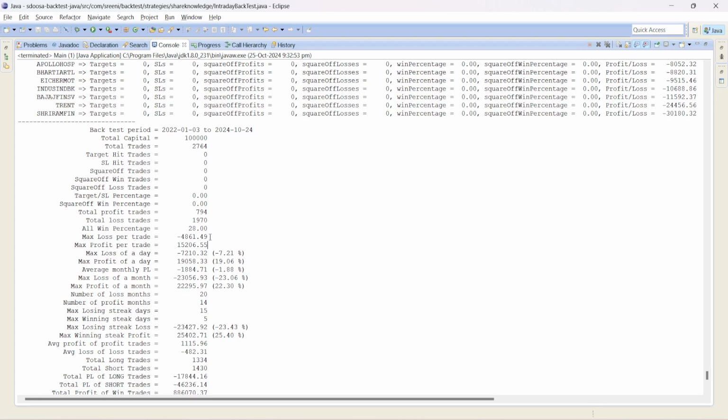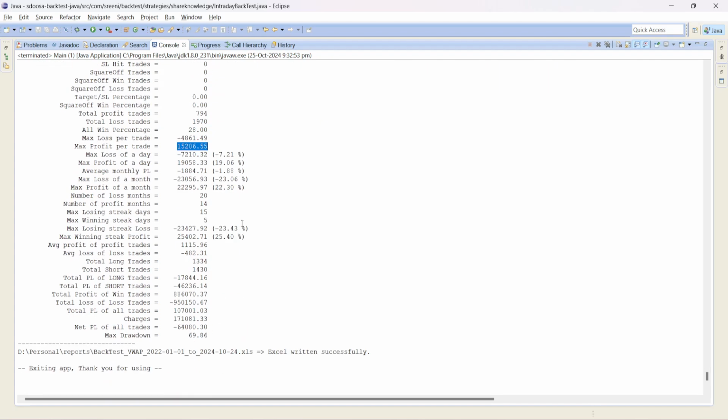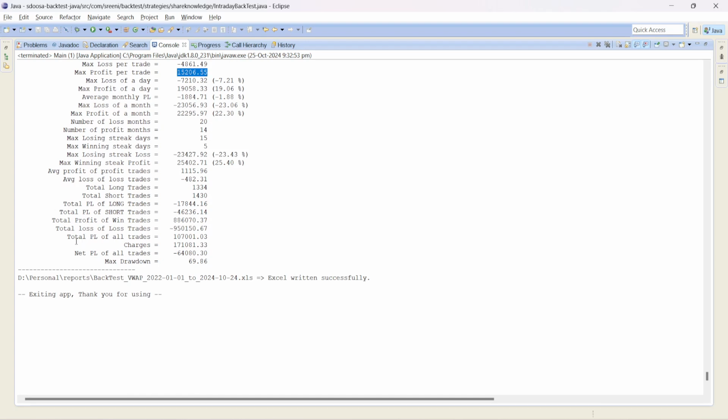Over the 3 years, the max loss of a particular trade was minus 4,800 and max profit was 15,000. And if you look at the overall profit of all the trades, it's like 1 lakh. So actually it's a profitable strategy.